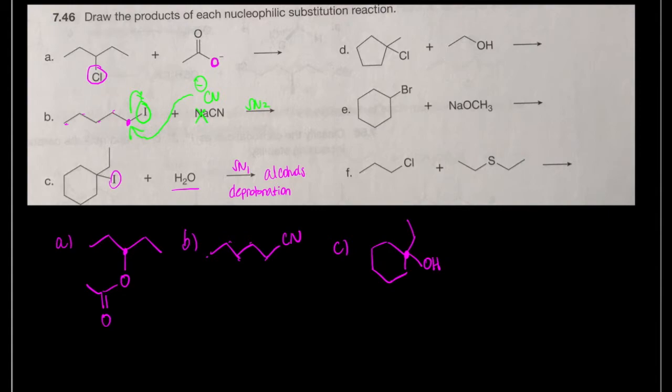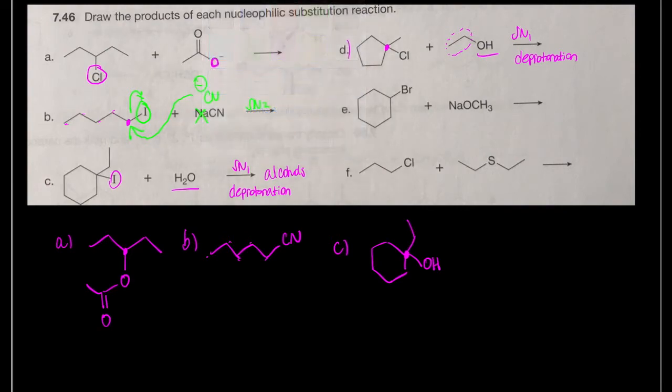Okay. In molecule D, reaction D, we have a neutral alcohol and then a tertiary alkyl halide. This also is going to go by SN1. It's going to involve deprotonation. But this molecule is not water. This is ethanol, and this ethyl group gets carried in place of the hydrogen.